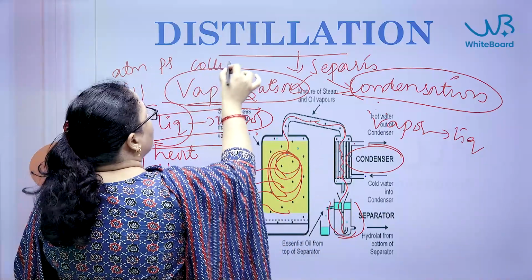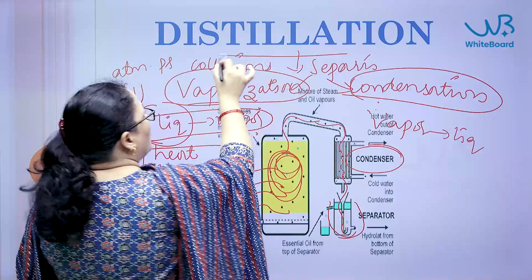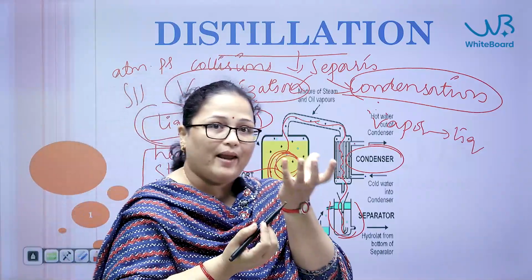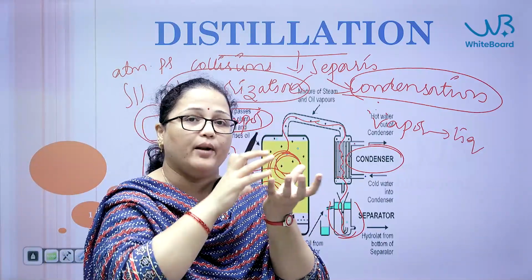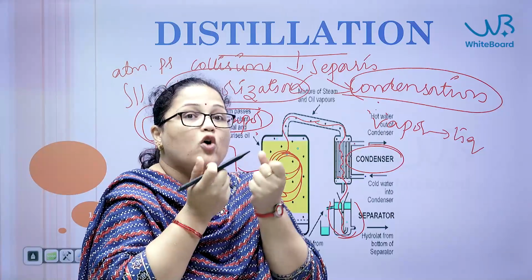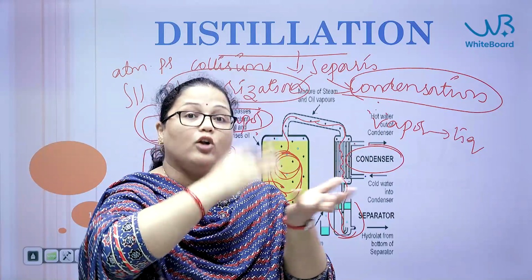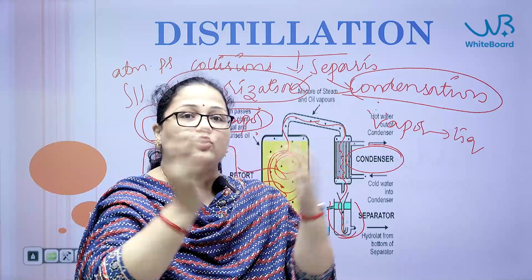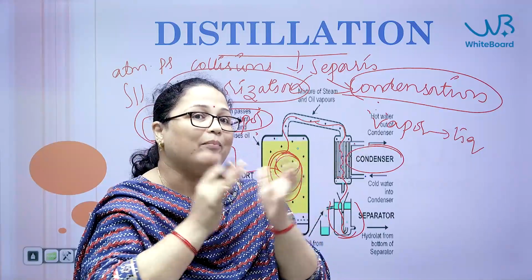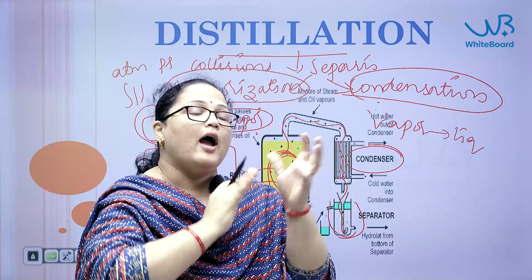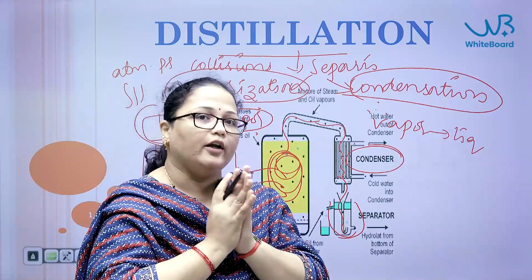Collision of the molecules will occur. So what you are doing is supplying heat. When you supply heat, the liquid molecules will catch the heat, so they will have more energy. They want to escape from that source. During that escaping process, they may collide with each other, and ultimately they get converted into vapor.